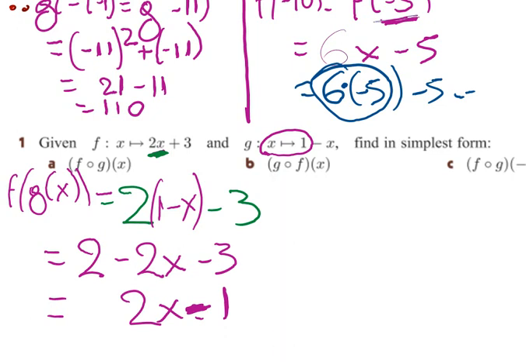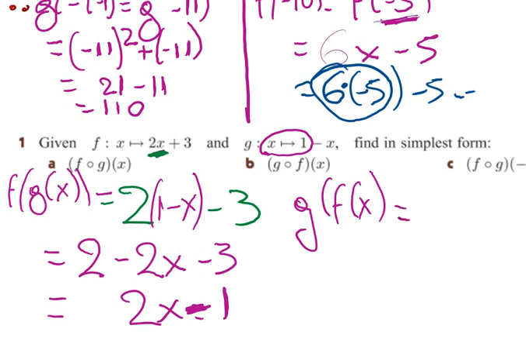What happens in here? I would like you to have a go first, and we're going to do the remainder in the class. So in this case, you have to go g of f of x. So this g will be outside.